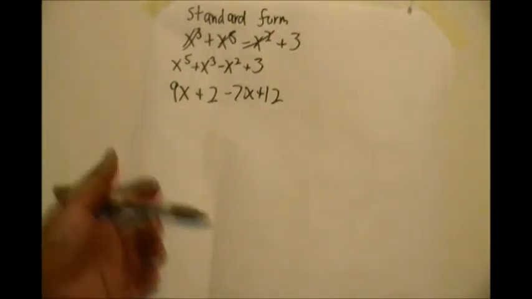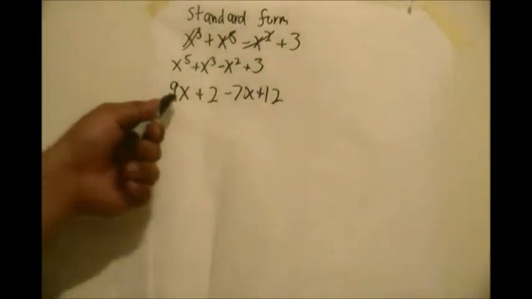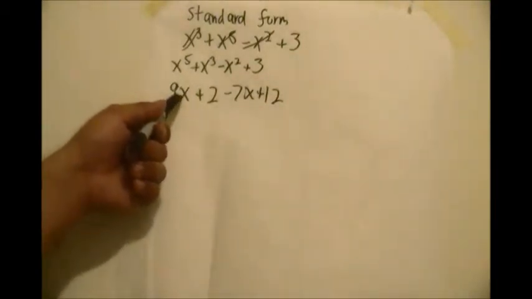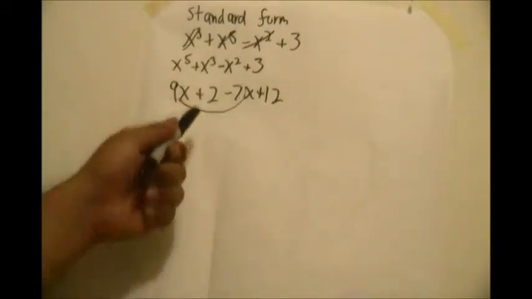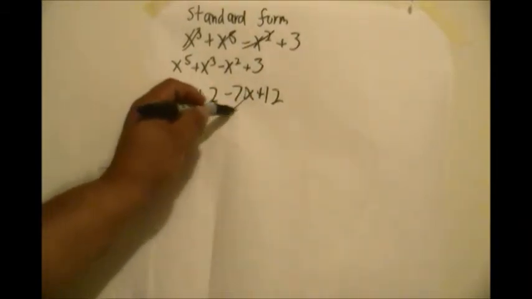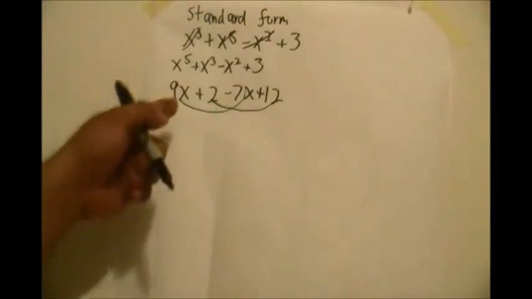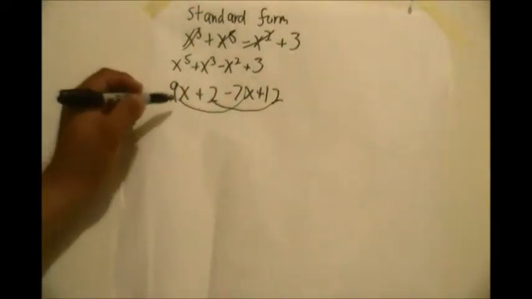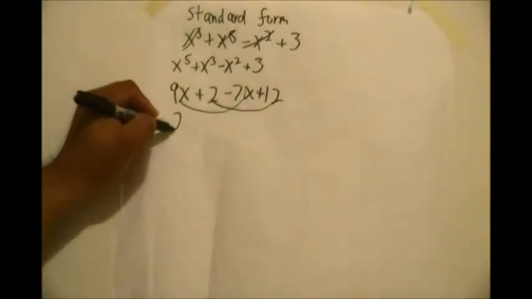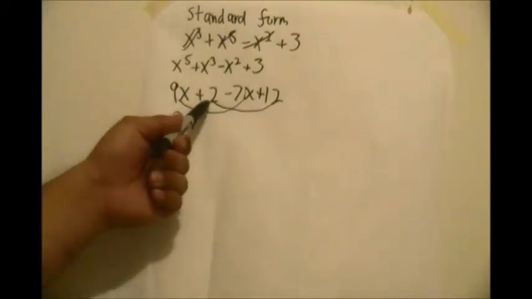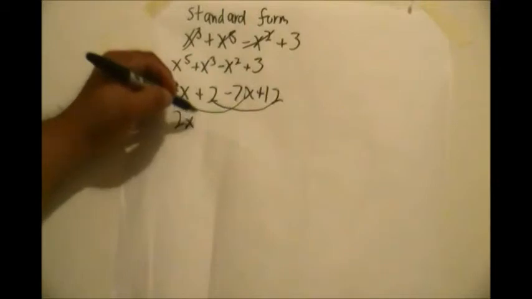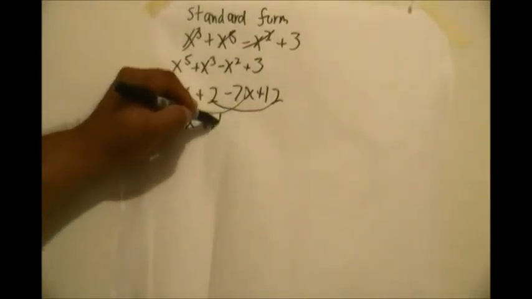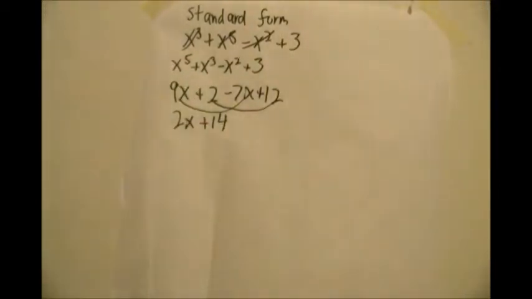All we want to do is just combine like terms. These both have x's, so we can combine these two, and these are both numbers, so we can combine those. What's 9x minus 7x? 9 minus 7 is 2x. What's 2 plus 12? 2 plus 12 is 14. So 2x plus 14.